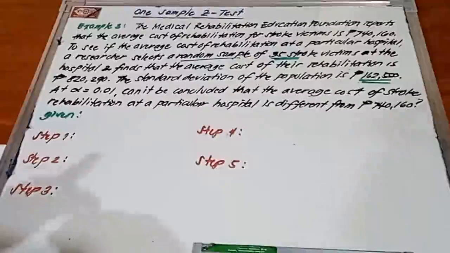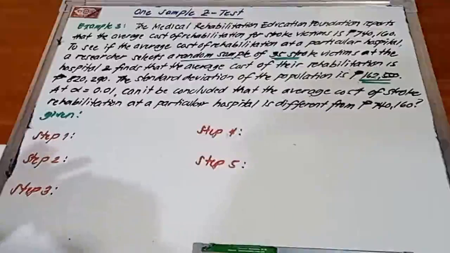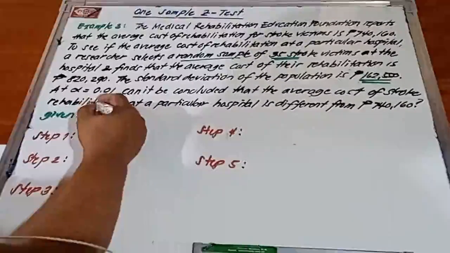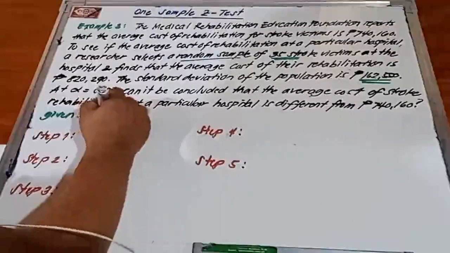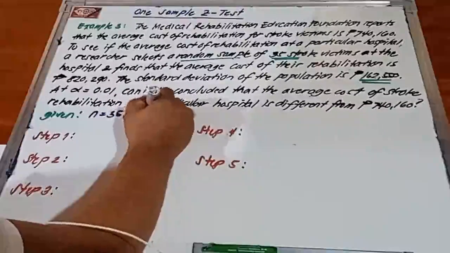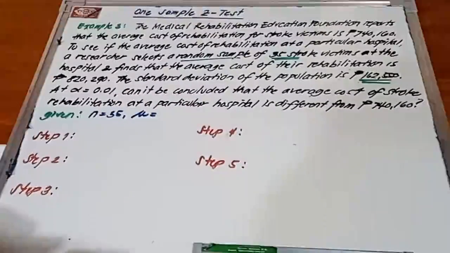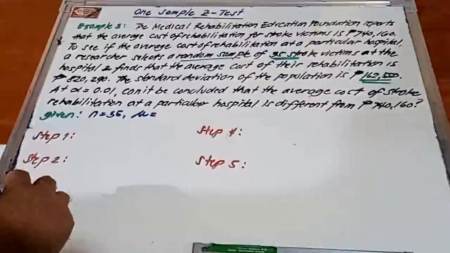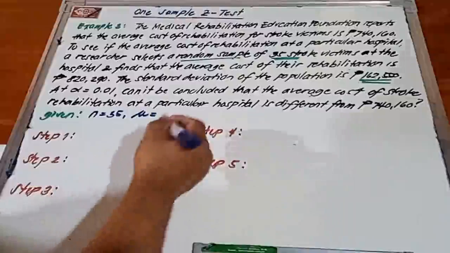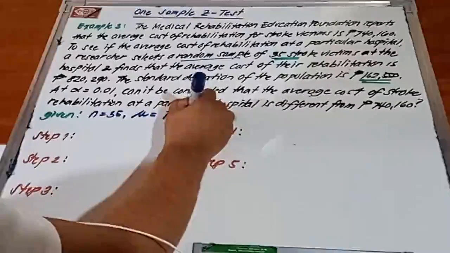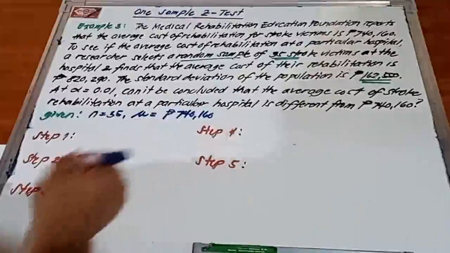Now, we write down the given. Ang given natin ay we have the sample size, 35, n. Then given din yung population mean. Population mean natin, ito yung average cost of rehabilitation for stroke victims equal to 740,160 pesos.